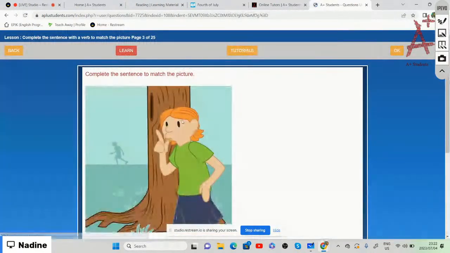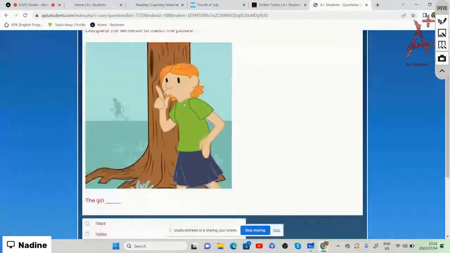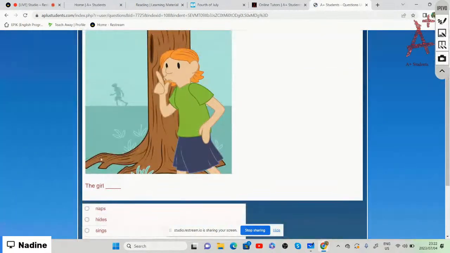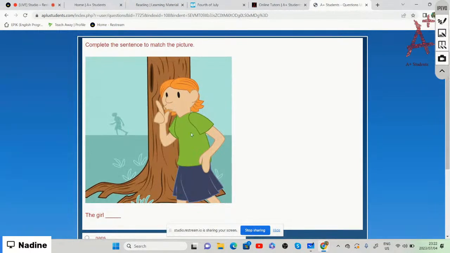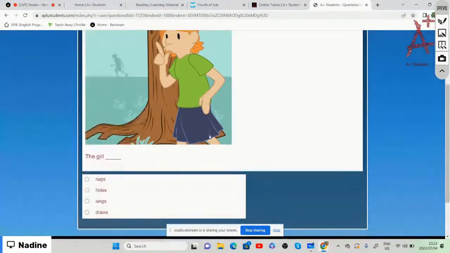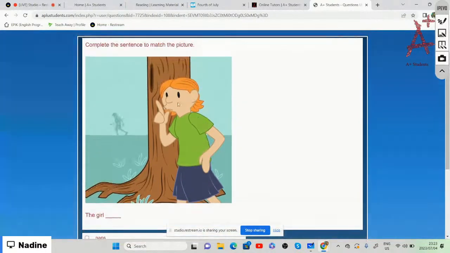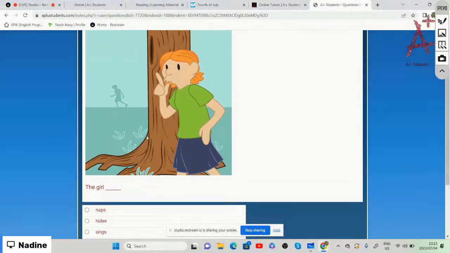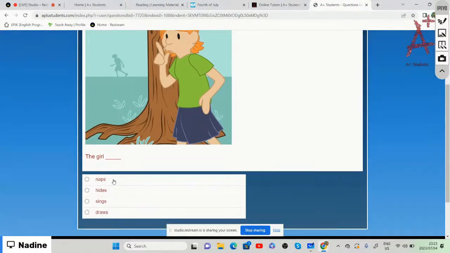All right. What is this girl doing, right? We see a tree. She says that we need to be silent, right? And there's somebody walking in the distance. The girl, what? The girl naps, she hides, she sings, or she draws.